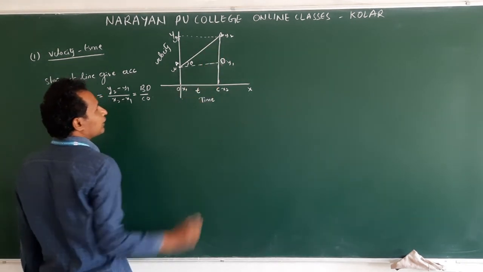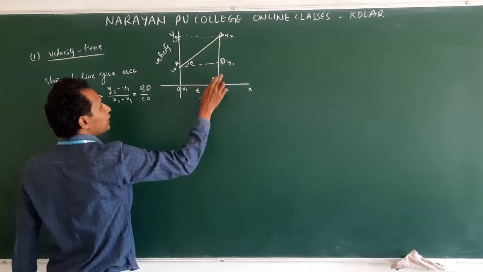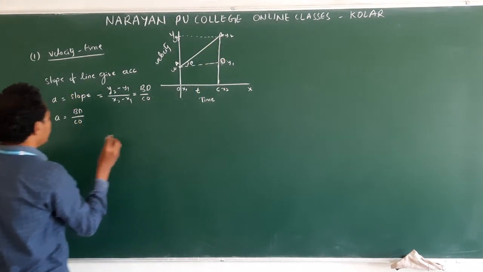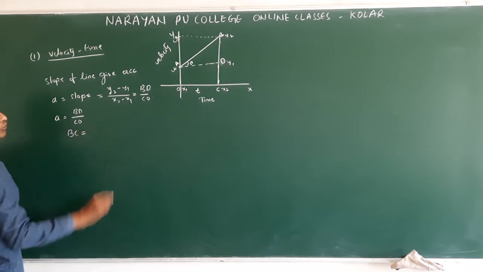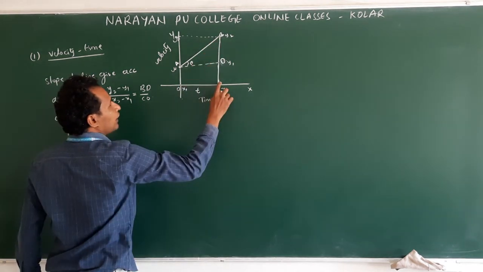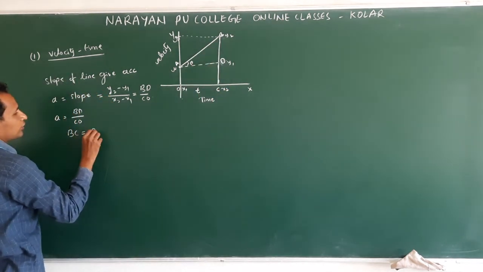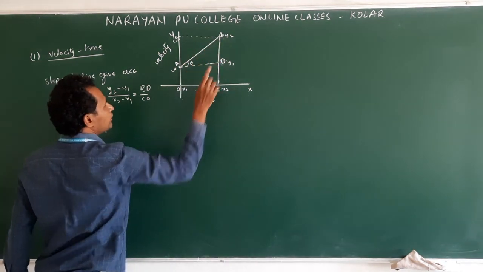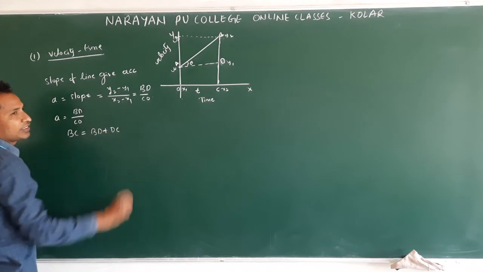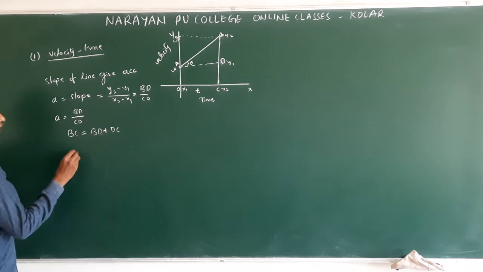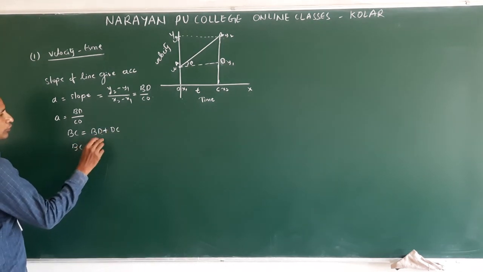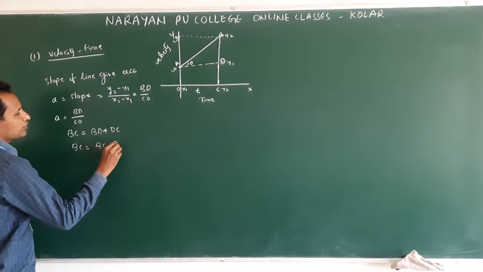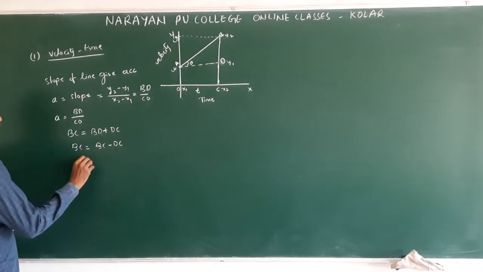But from the figure, how do we write BC? This is the total line BC. I can write it as BD plus DC. We require BD, so BD is equal to BC minus DC.